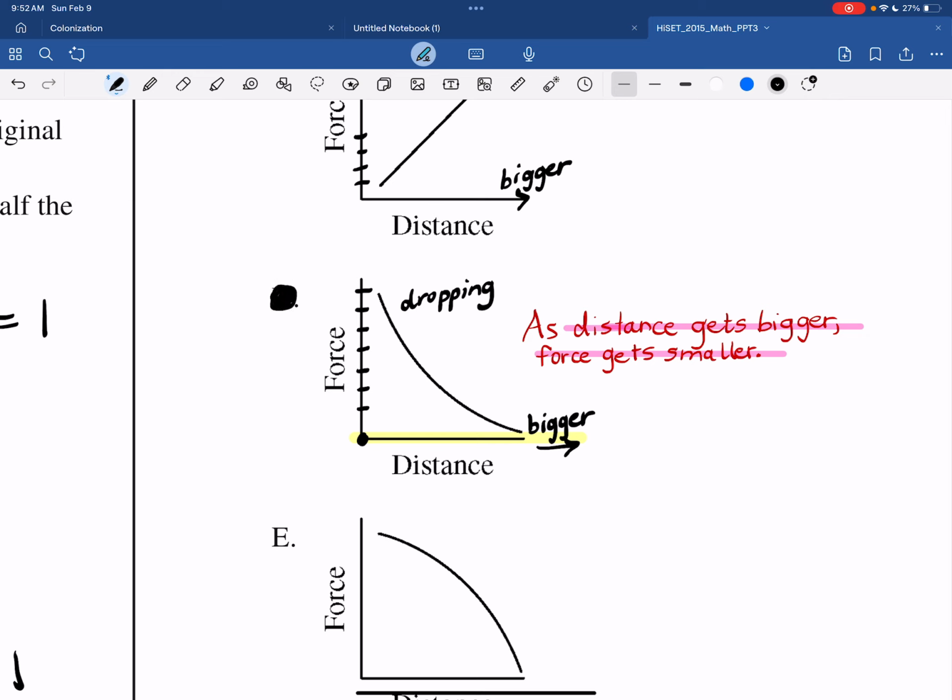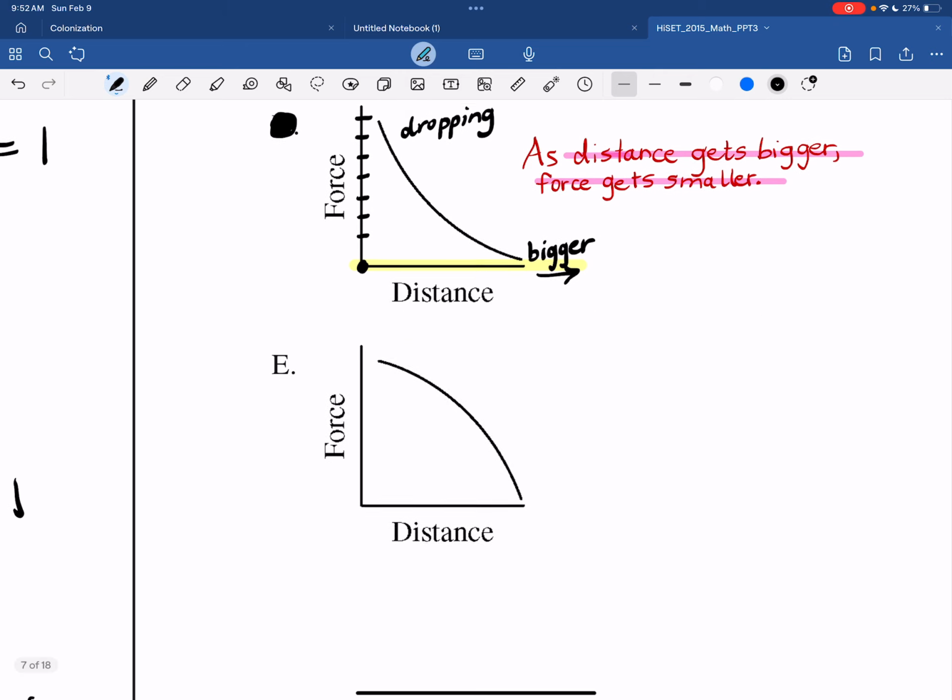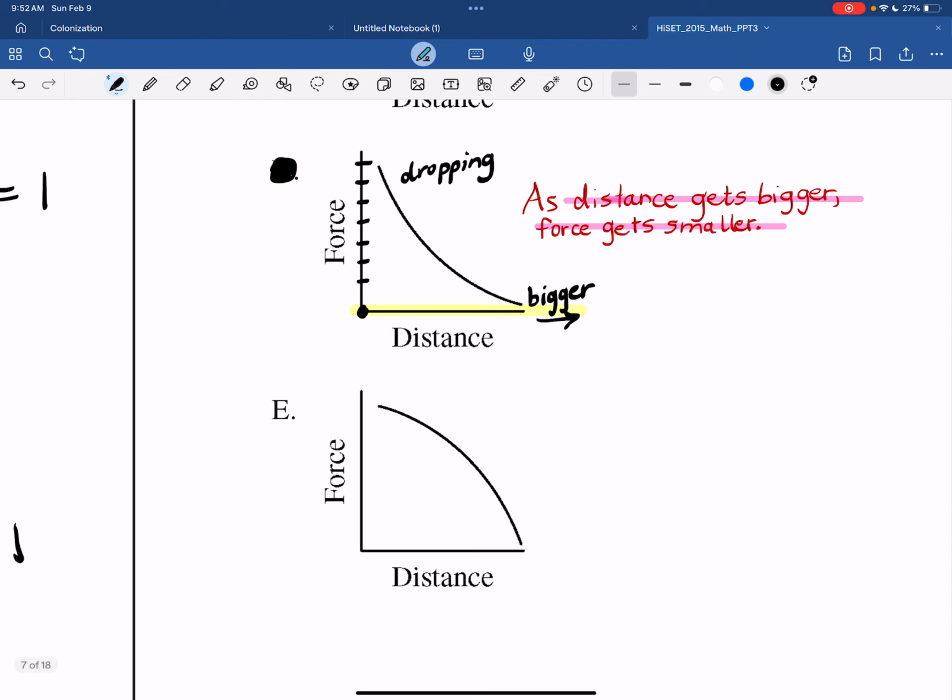So let's look at why this is not the answer. Why is it that E is not the answer? Because distance is getting bigger. We start out over here. The line moves out on the distance line. Force is also falling.